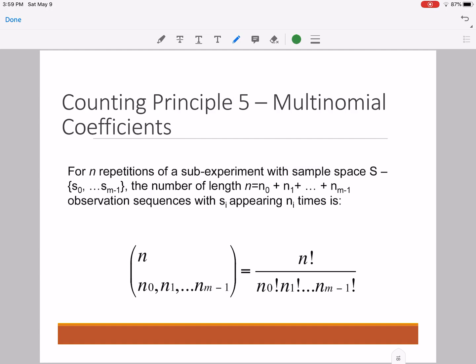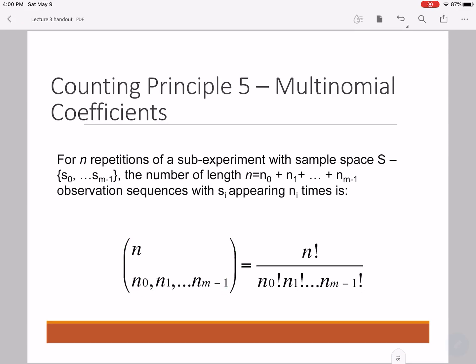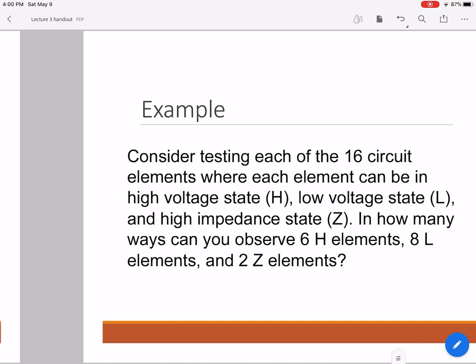So when you perform repeated sub-experiments n times, where each sub-experiment can lead to m outcomes, S0, S1, S2, and so on until S of m minus 1, then S of 0 appearing n0 times, S of 1 appearing n1 times, and so on, and S of m minus 1 appearing n of m minus 1 times is given by this factor right here.